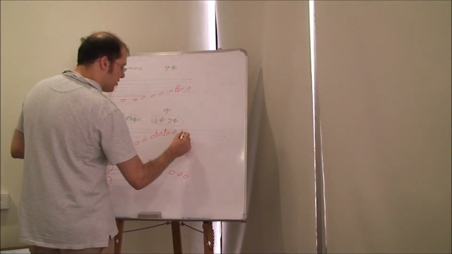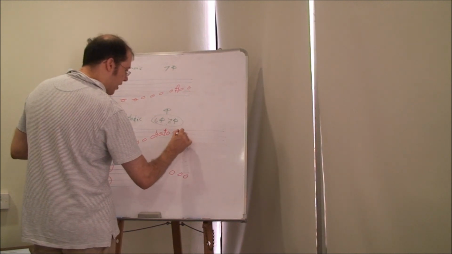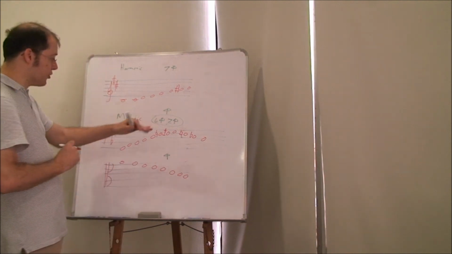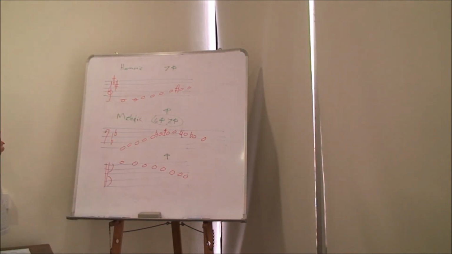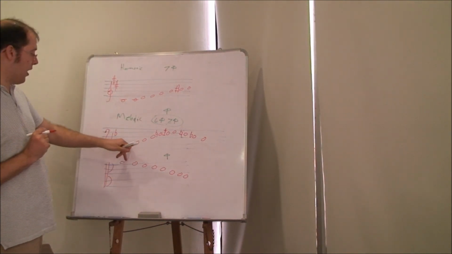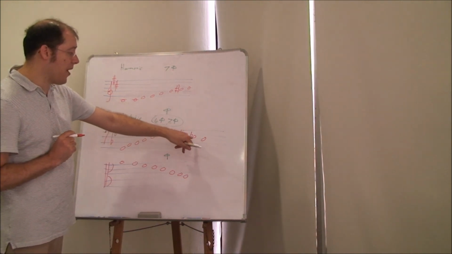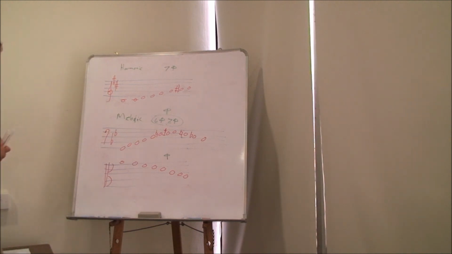So it's often said that the 6th and 7th are flattened coming down, where that isn't actually technically the case. You're just normalizing them again, just moving them back to the key signature. And that is basically all you have to know about minor keys.